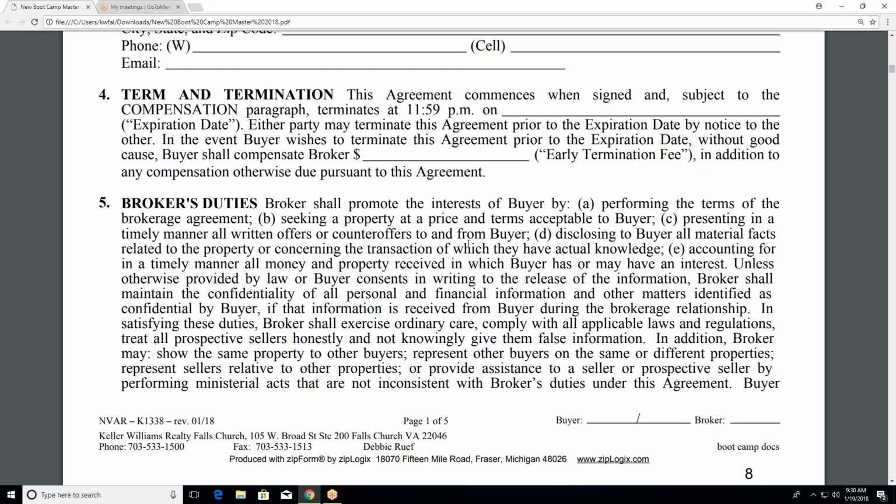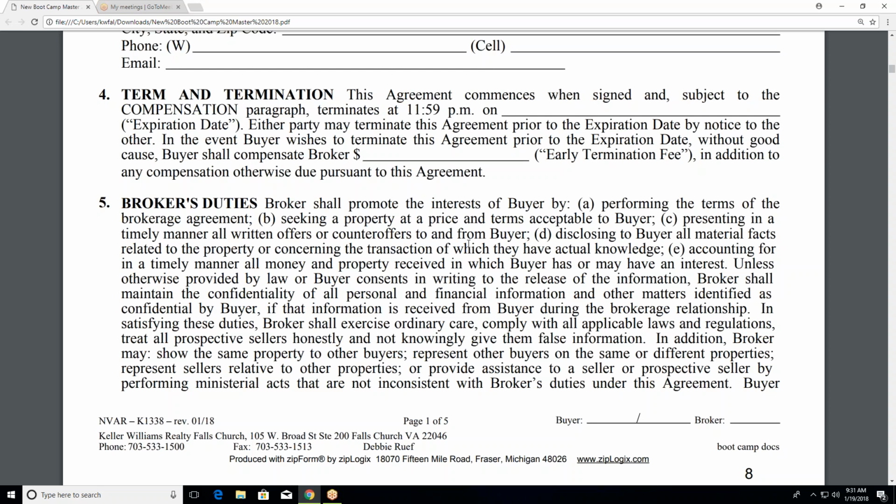Broker shall maintain the confidentiality of all personal and financial information in all matters identified as confidential by buyer, if that information is received by buyer during the brokerage relationship. In satisfying these duties, broker shall exercise ordinary care, comply with all applicable laws and regulations, treat all prospective sellers honestly, and not knowingly give them false information.